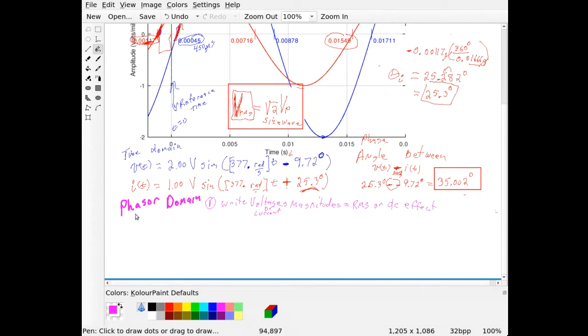So when you're going to the phasor domain, we're going to use that RMS, which is the DC effective value.